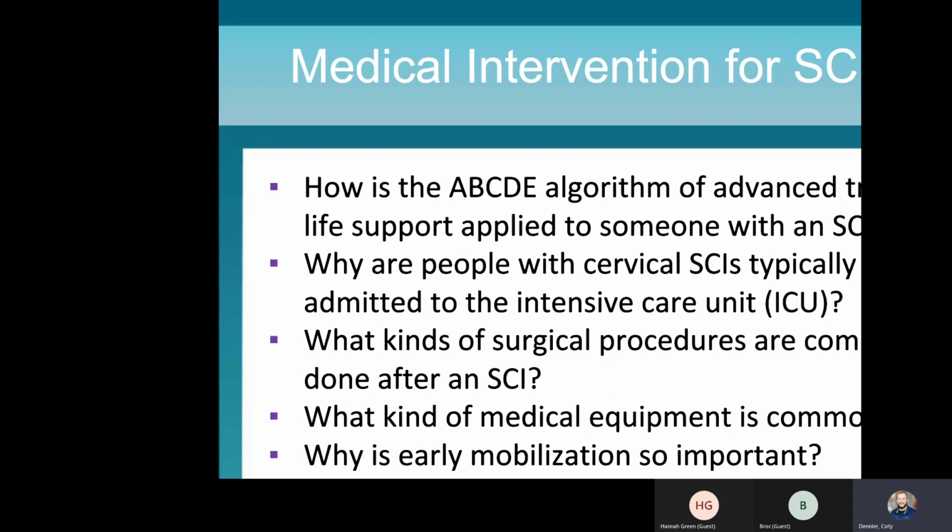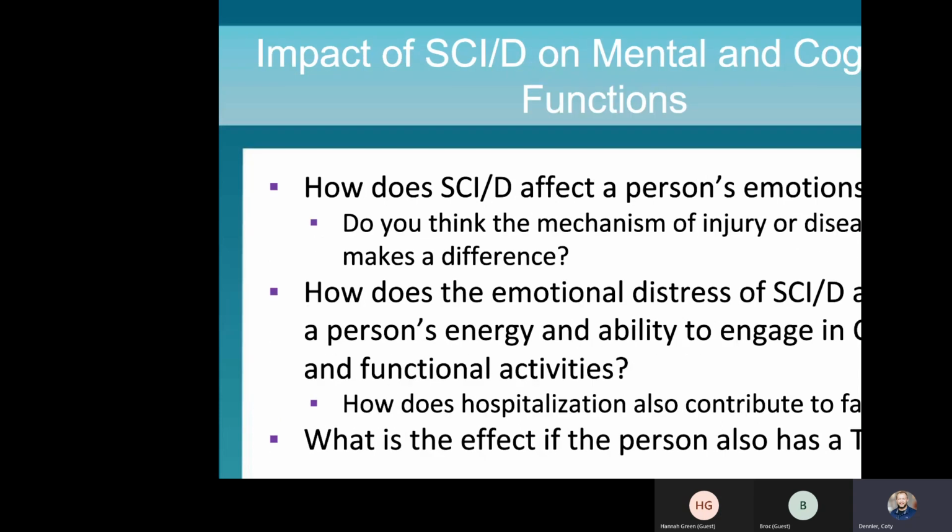All right, so let's talk about emotions. The person who has the spinal cord injury, let's say you're doing your thing, you get into a car accident, or you're riding. Who in here rides four-wheelers or ATVs?